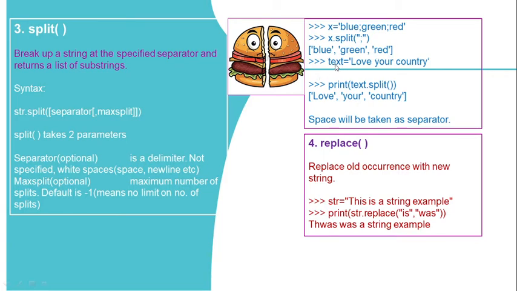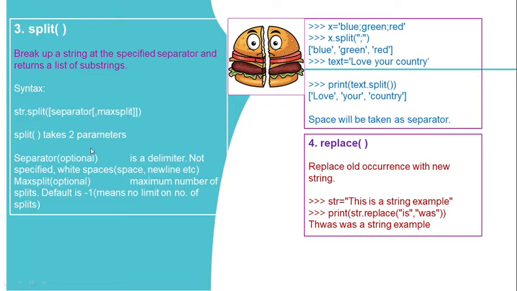Then we have another example, text equal to love your country. In the first case we have a separator, and in the second case we do not have any, it is space, right, love space your space country. Then print text.split. You can see what separator is given. In the first case a separator is given, but in the second case we do not have any symbol as separator.